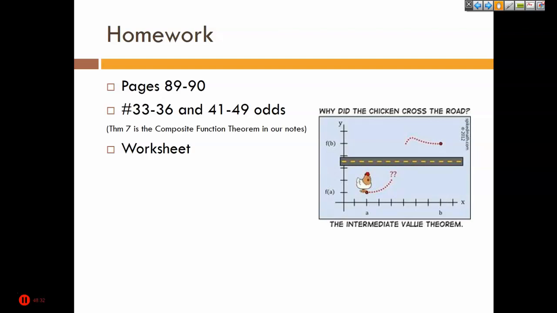It's 1 to 11. It might be after the multiple choice. Yeah, it's the very end of the packet. So you have like 15 minutes in here to get started on that.